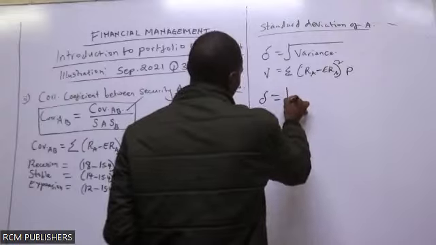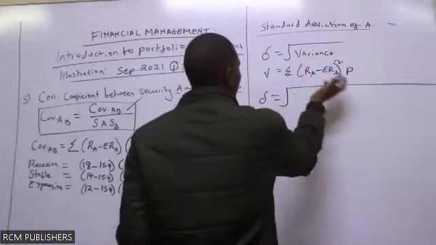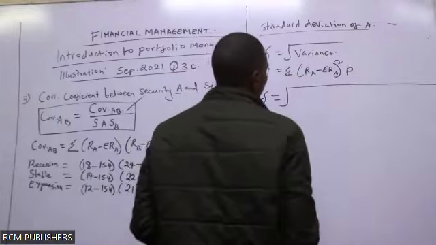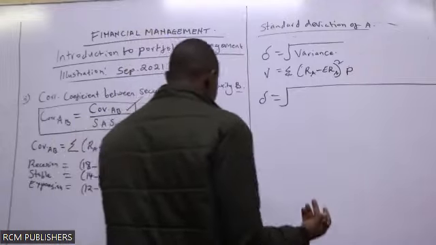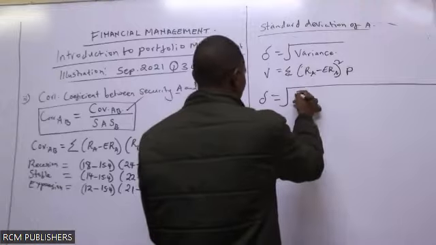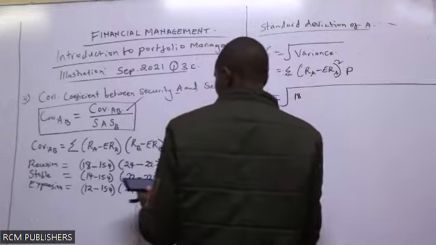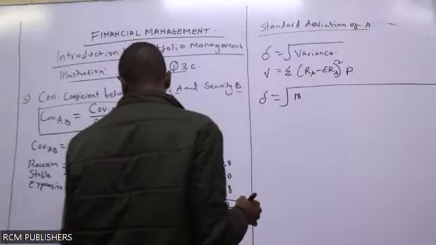Equal to square root of the summation. So it's for A. Then what's the return of A? The first case is recession, 18. So I'm picking this.